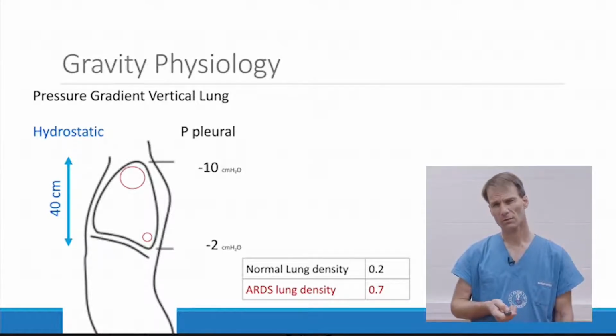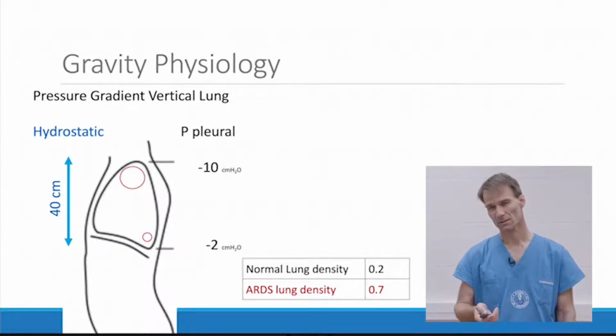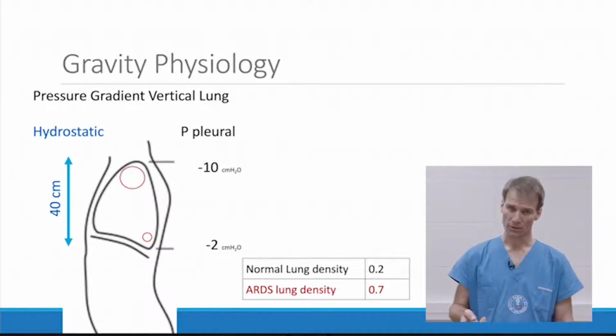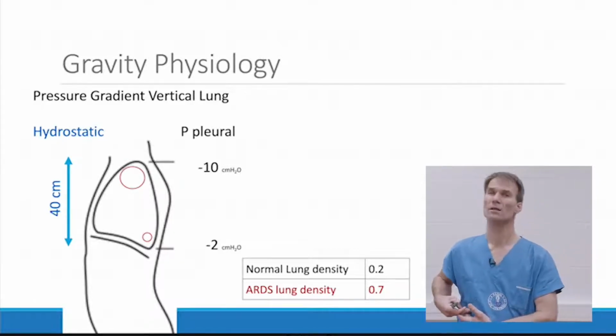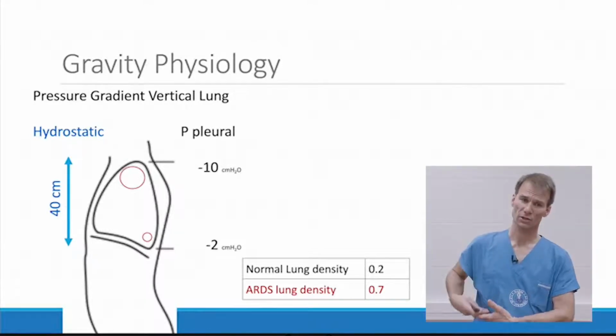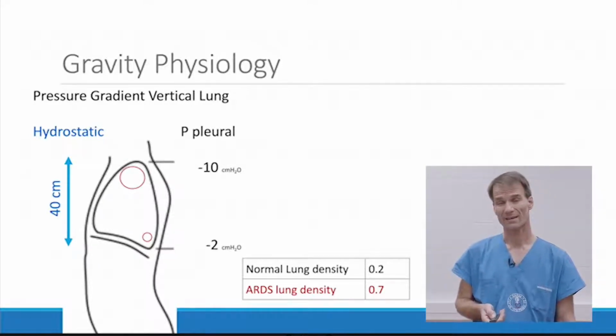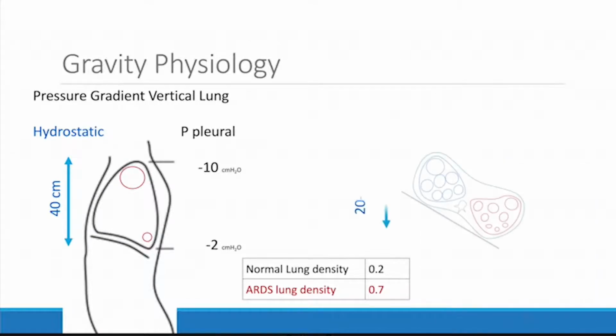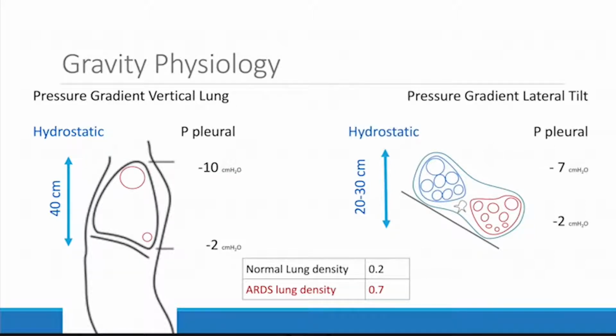Imagine if the lung was an ARDS lung or edematous lung or pneumonia, it becomes heavier, the compression forces are greater, the stretch is more, and the vertical gradient will be even a lot more in the affected lung. And again, now let's compare to the normal lung, which is lateral tilt, not 40 centimeters, but maybe 20 to 30, so the difference will be maybe 5-6 centimeters of water pleural pressure, which means the pressure on the now right lung on the top is 6-7 centimeters different to bottom.